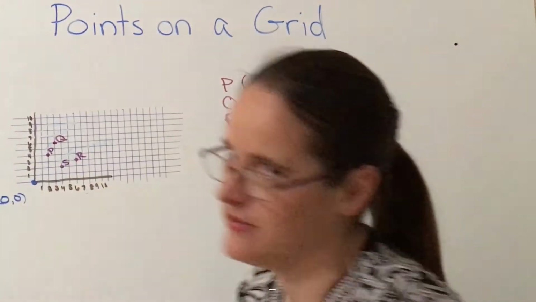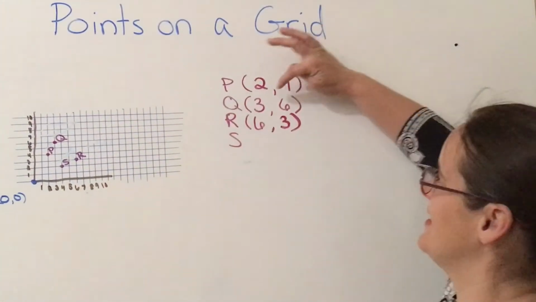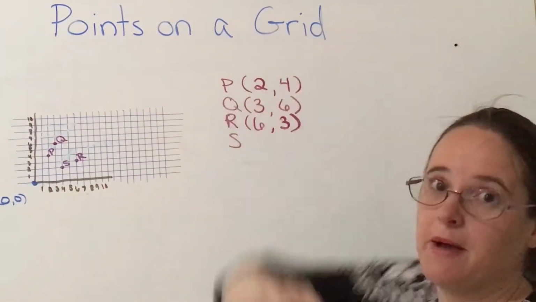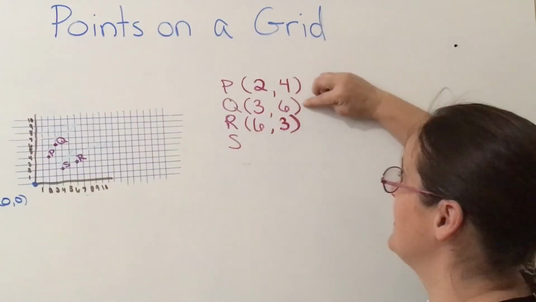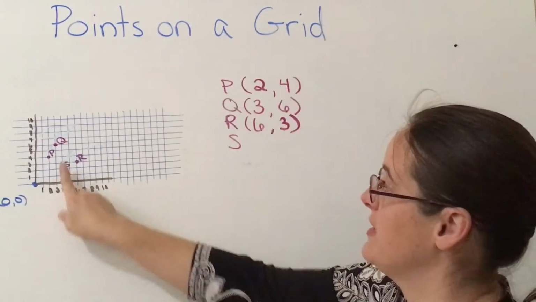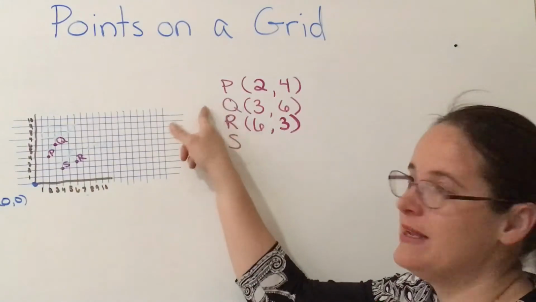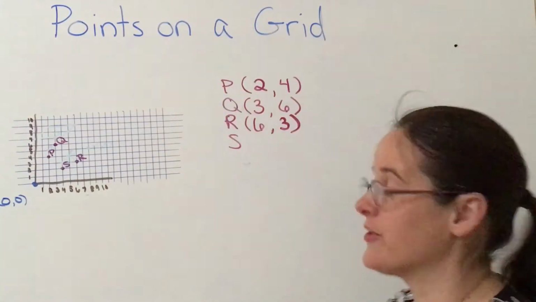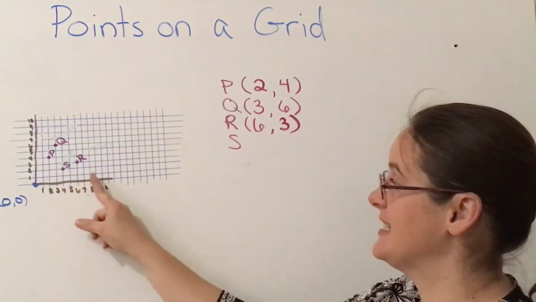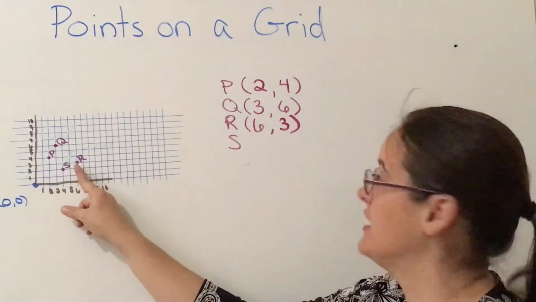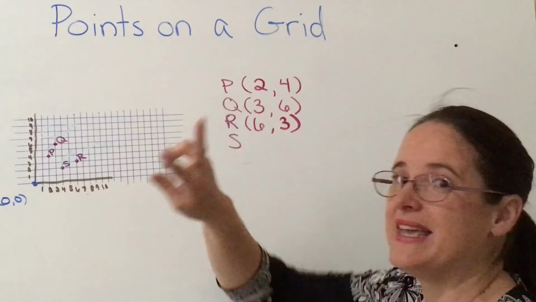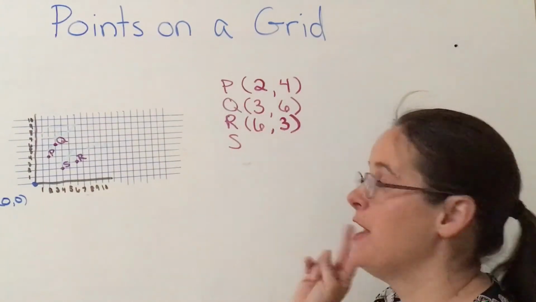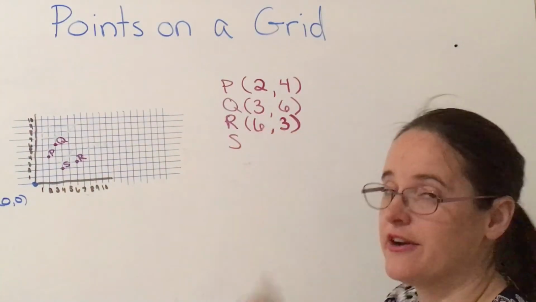Here's what I want to point out to you. Notice that these two have the same numbers. But this point, over 3 and up 6, can only be Q, because you have to do it in the right order. R here, over 6 and up 3, that can only be point R. We cannot flip-flop those because the order here matters.